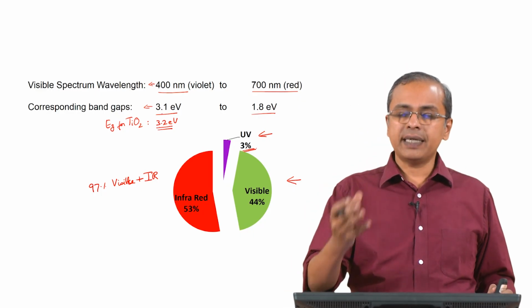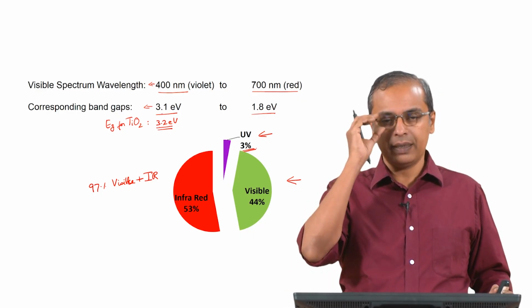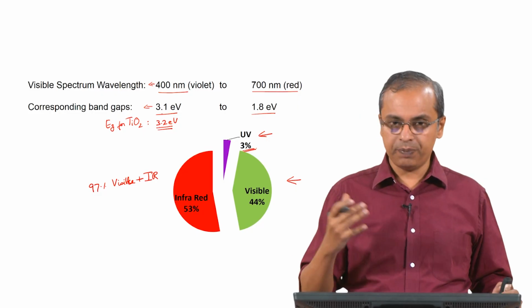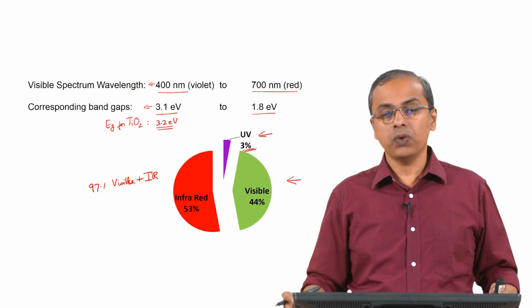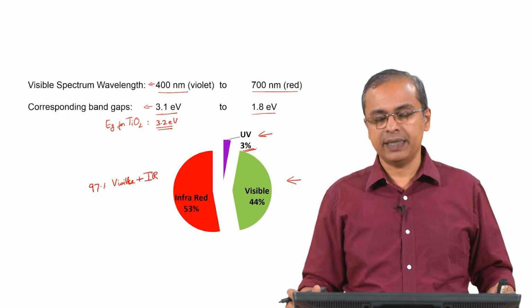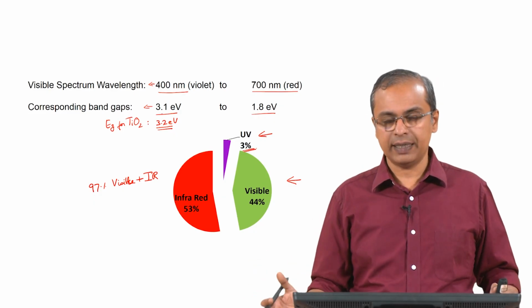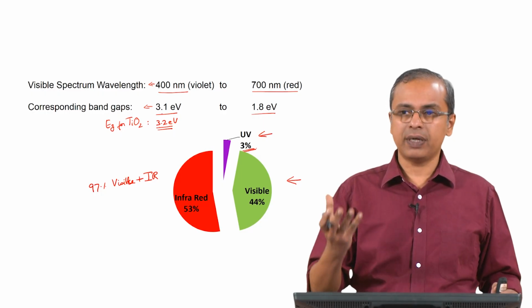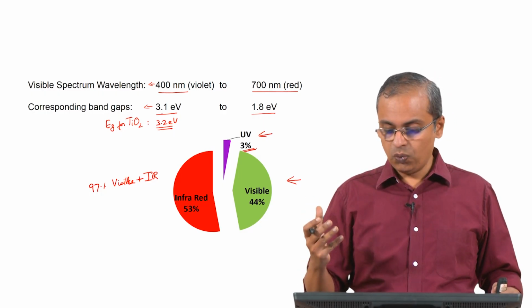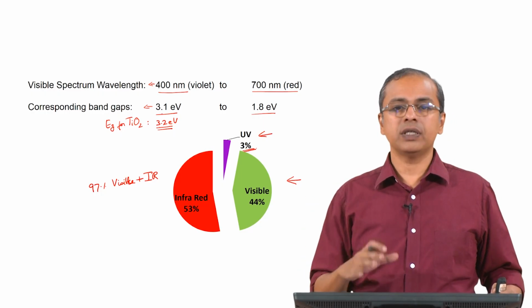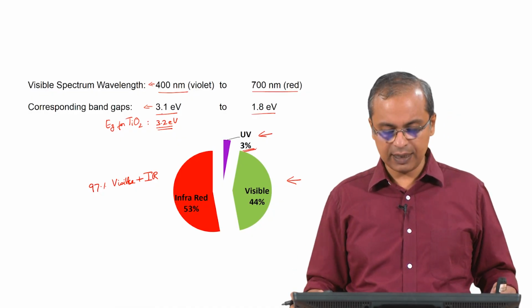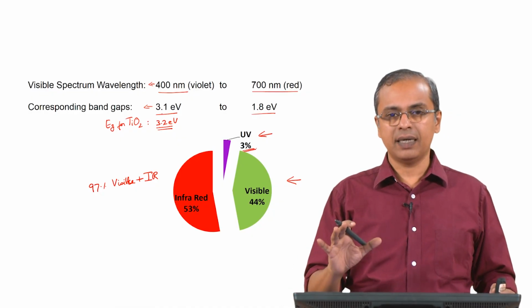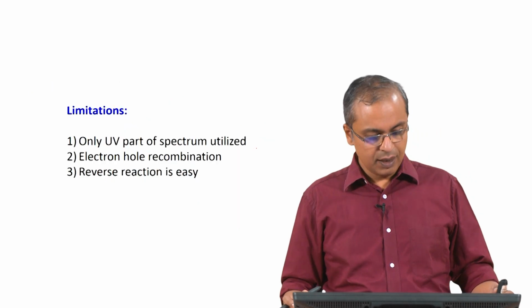So, by using titanium dioxide, even though it is the most popular photocatalyst and so a lot of people work with it, you are actually working only with 3% of the incoming radiation, you are missing out 97% of the radiation, and therefore, from a scientific perspective it is interesting to try and see if we can do things to alter this situation, right. So, this situation is not necessarily acceptable to us, right.